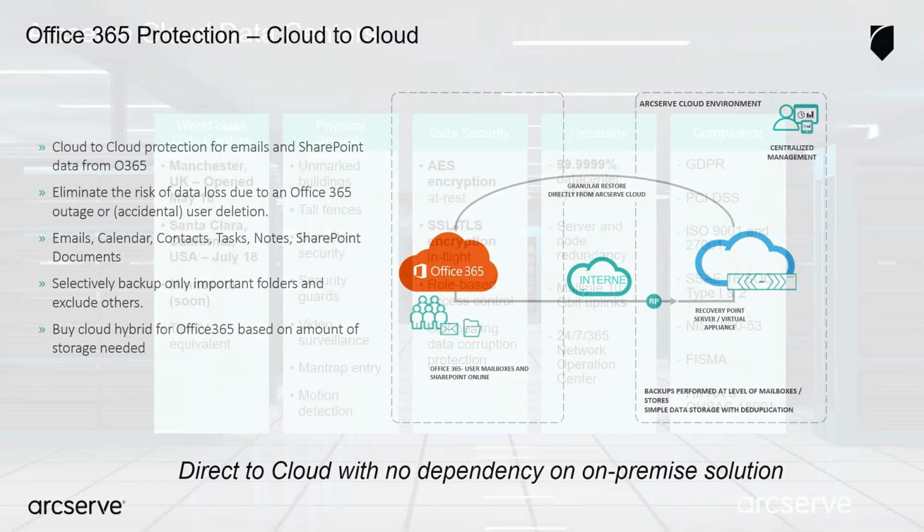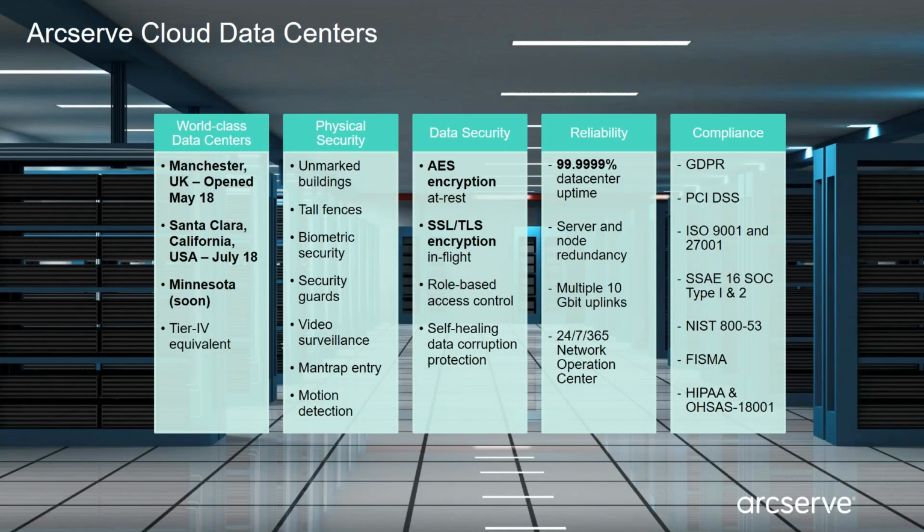Our cloud data center is, as I've mentioned, in Manchester. It's a very physically secure environment. It has biometric security, video surveillance, security guards. It's in an unmarked building, security fences, etc. All your data is fully encrypted. We use high levels of encryption around the data, 256-bit AES encryption for UDP, and we use SSL and TLS encryption in flight as well.